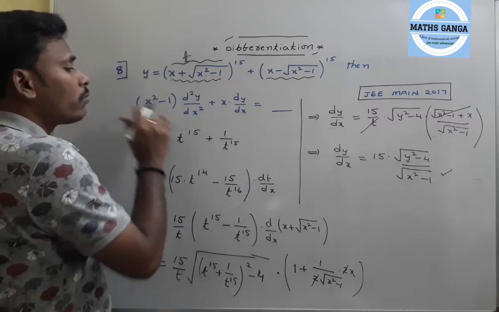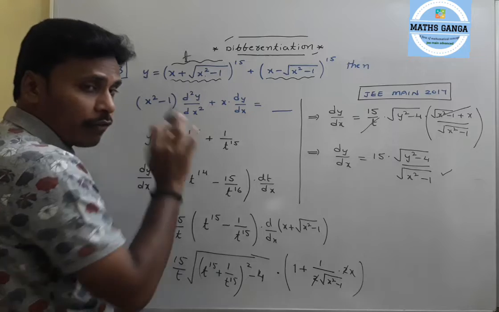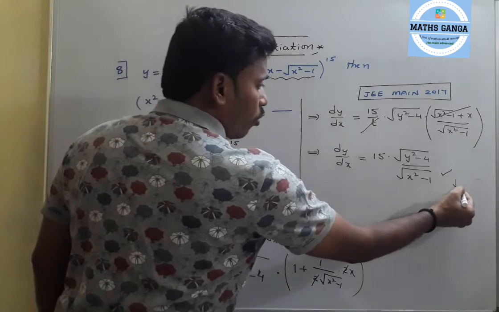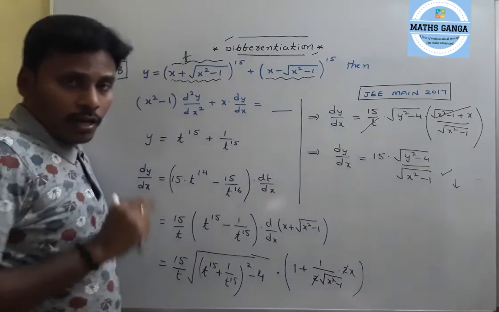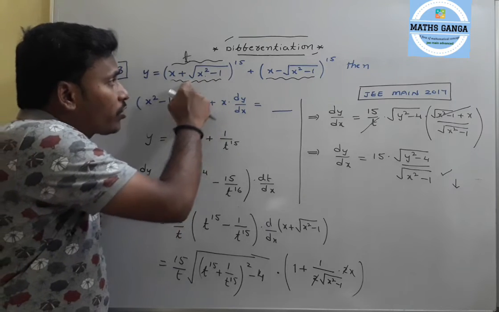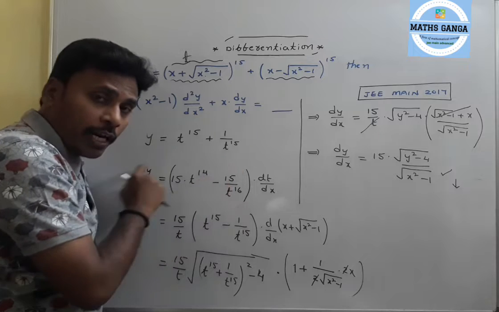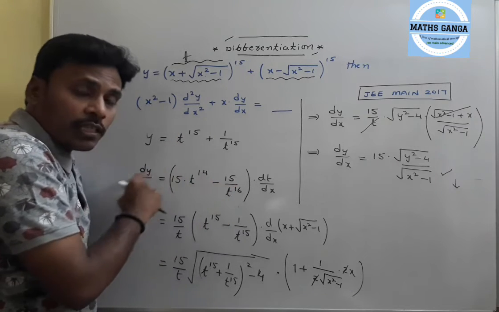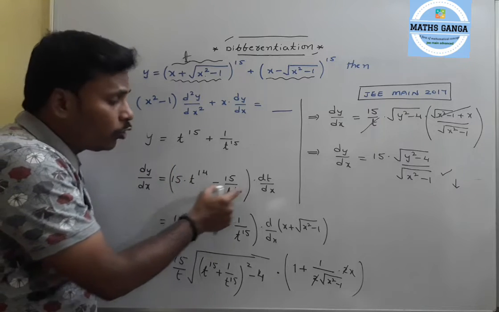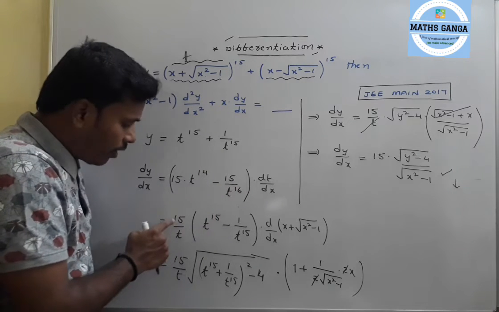Further we need to differentiate one more time with respect to x to get this value. First of all, copy this and then I will continue my solution from this step onwards. Just observe this. Let it be t, and t power 15. If it is t, it becomes 1 by t. So t power 15 plus 1 by t power 15. Differentiate it. Since you are differentiating, left side dy by dx, right side this value into the derivative of t with respect to x, and you just collect 15 by t out.